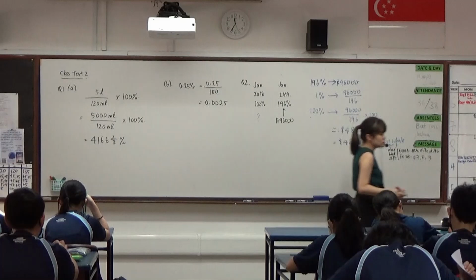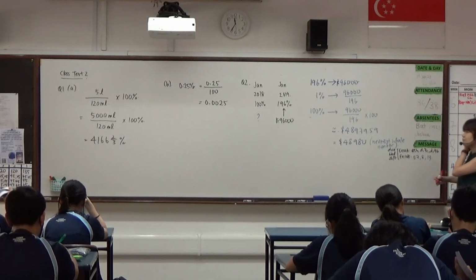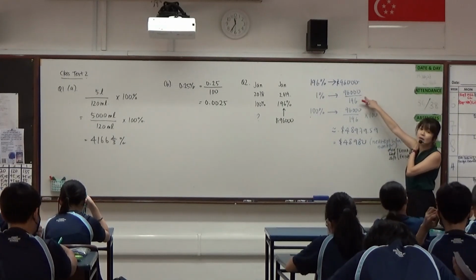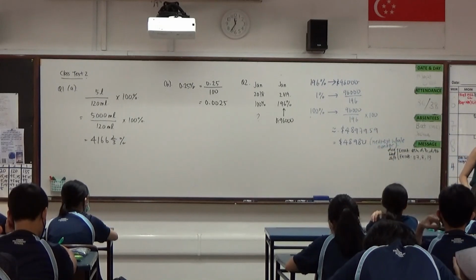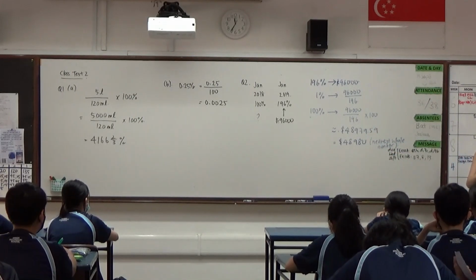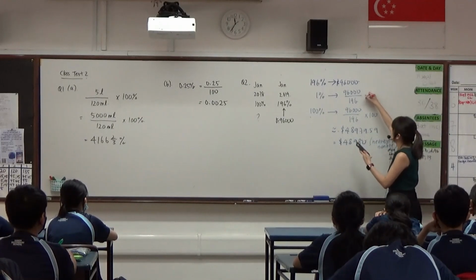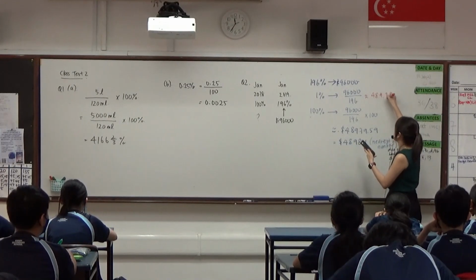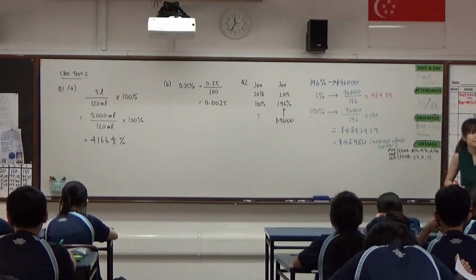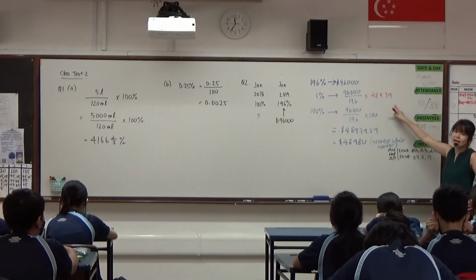Now, other accuracy methods. Some of you want to calculate this, so 96,000 divided by 196, you get about 489.79. Then you give your answer truncated to 5 SF.